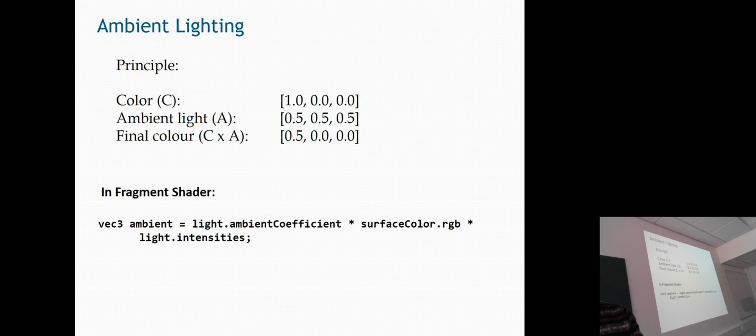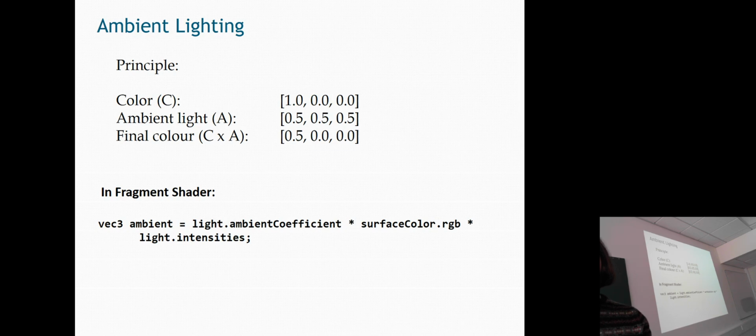What it looks like in modern OpenGL is a very simple principle. We have the basic color of the particular pixel, the material property we can say. For ambient lighting, we simply find the product of the two vectors.